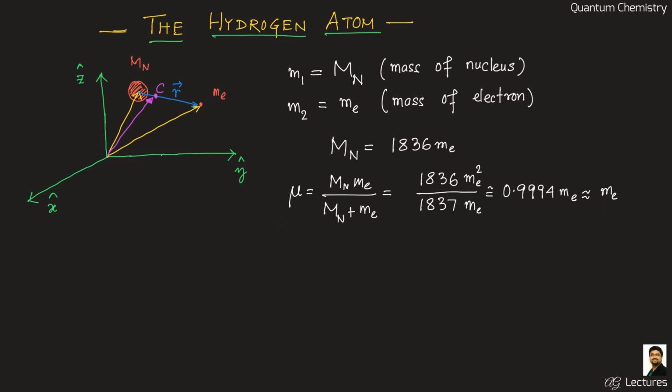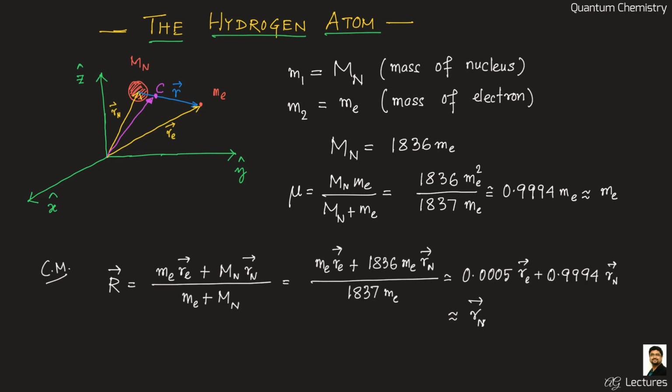We can also check what happens to the coordinate of the center of mass. See, although I have drawn it in this particular fashion, the same way as I had drawn previously, quickly we can check where the position would be. So I have replaced this R1 and R2 by Rn and Re for obvious reasons. And then using those, if we try to calculate the position coordinate of the center of mass, we get something like this.